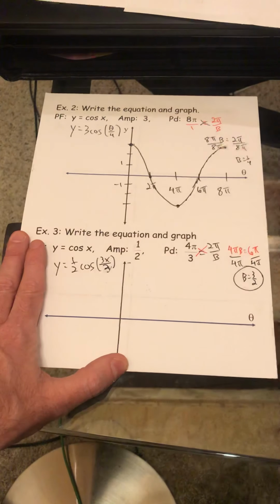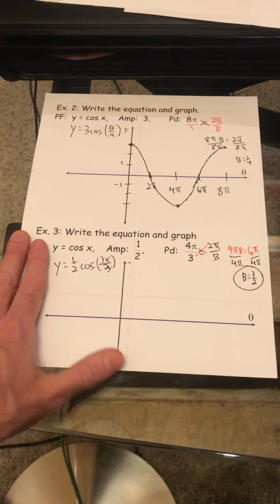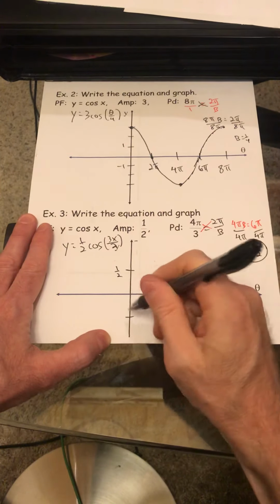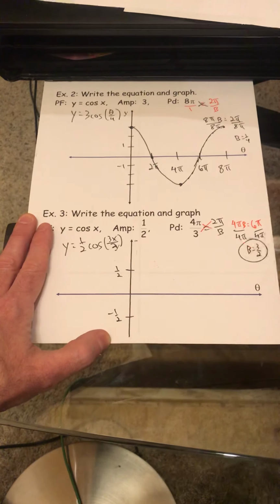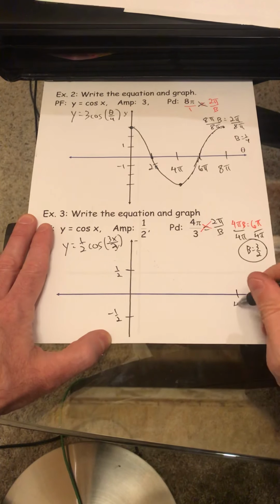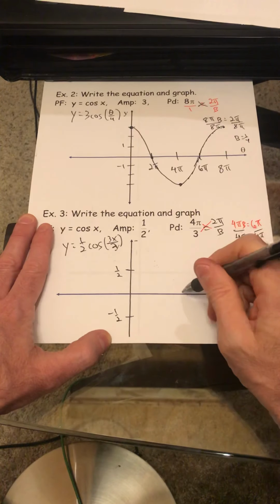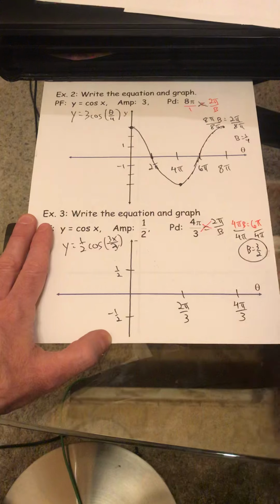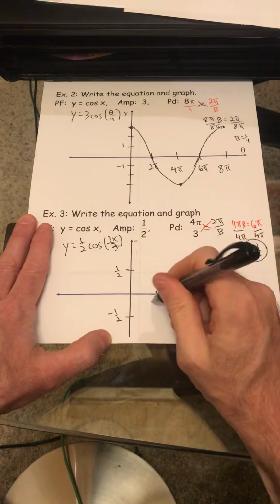So y equals 1/2 cosine 3x over 2. So as far as setting up our graph here, period is 4 pi over 3. Half of that is 2 pi over 3. Half of 2 pi over 3 is pi over 3.